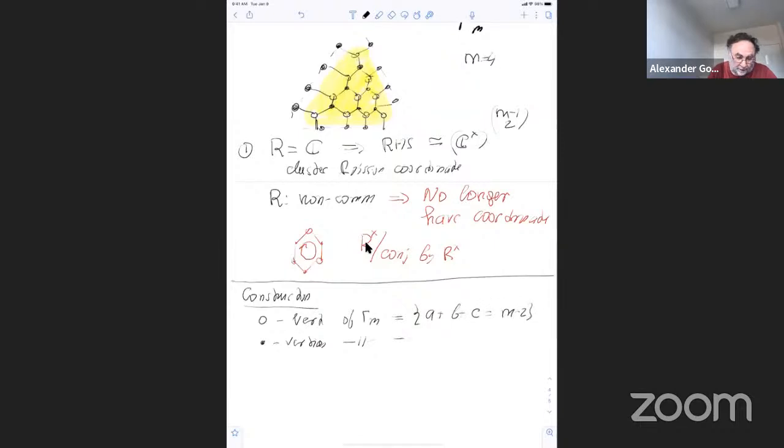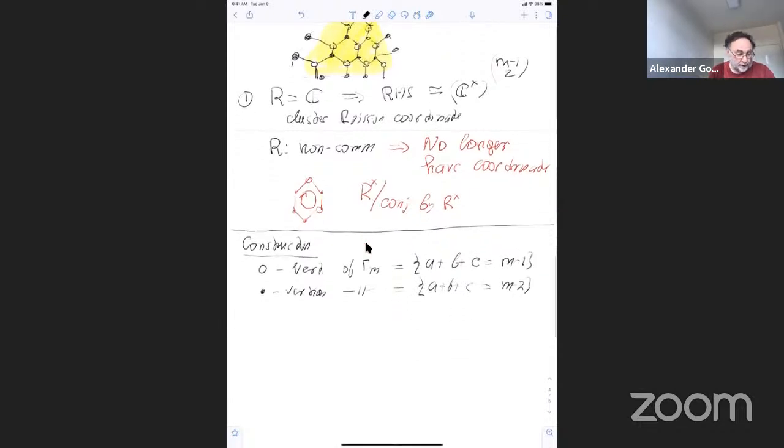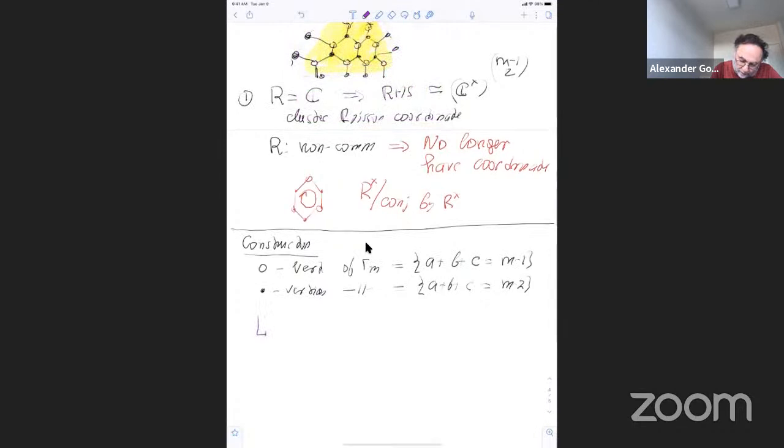And if you consider black vertices, this is solutions of the same equation equals m minus 1. And therefore, we can introduce the relevant spaces. One of them will be space L related to white vertex labeled by these triples of integers.